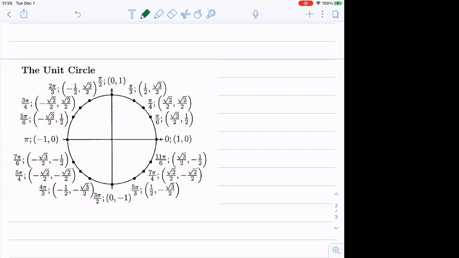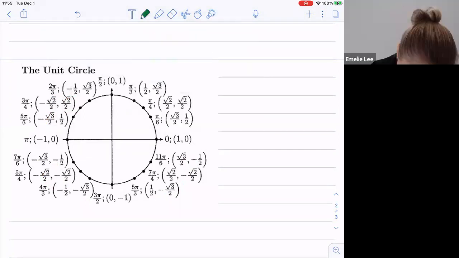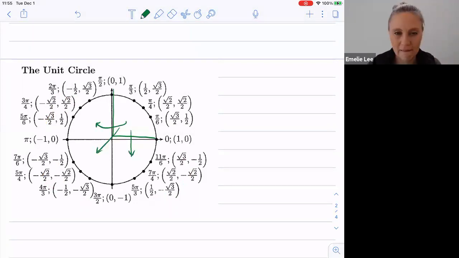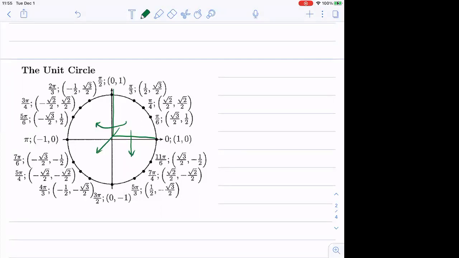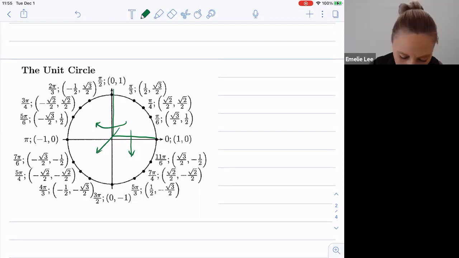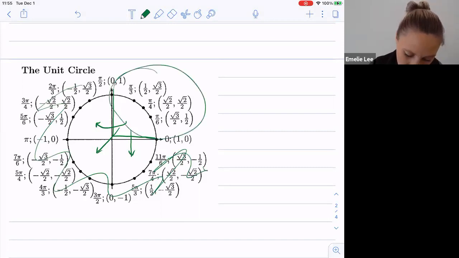But notice how you're just taking this section and flipping it here, flipping it here, and flipping it here. Just the negative on x and y changes. So that's why I say don't memorize this whole circle. Just memorize these. And then just remember where x is negative and y is negative.